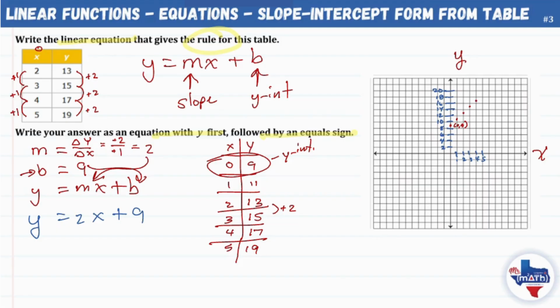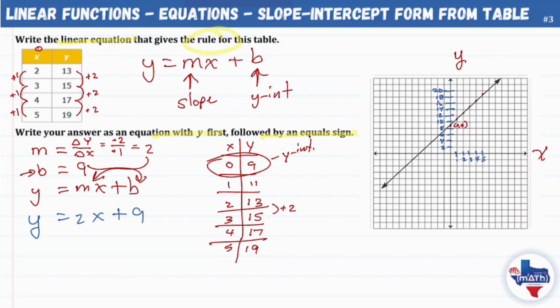And 5, 19. Let's go ahead and graph a line through these points. Go ahead and straighten it out just a little bit there.